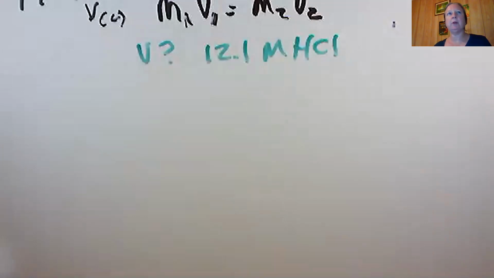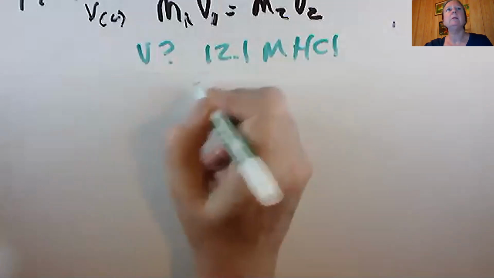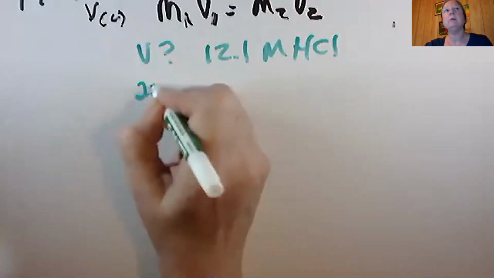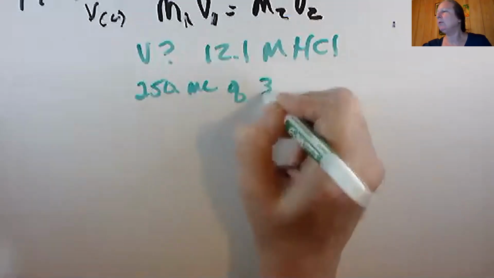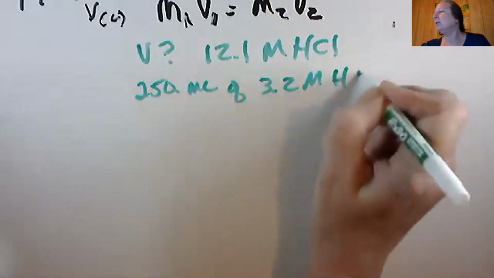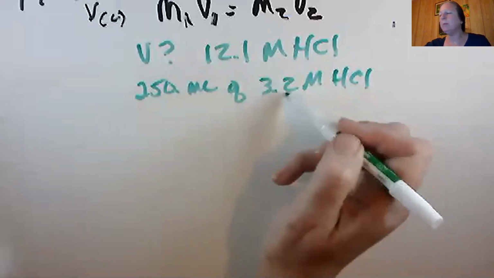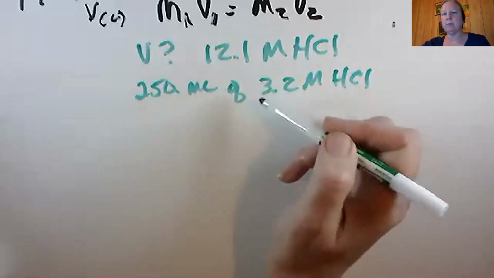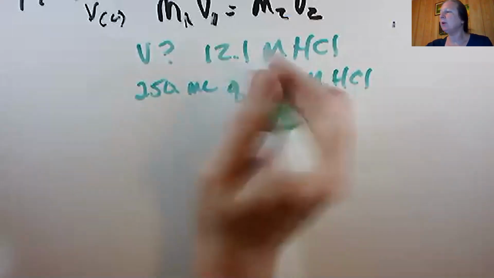It's a very concentrated stock. It is needed to create 250 mils of 3.2 molar HCl. So that's your dilution, right? You're starting with a stock of 12.1. You want to make a working volume of 3.2 molar. You want to make 250 mils of it. That's what you need for the day or the week. So how much of your stock do you need?